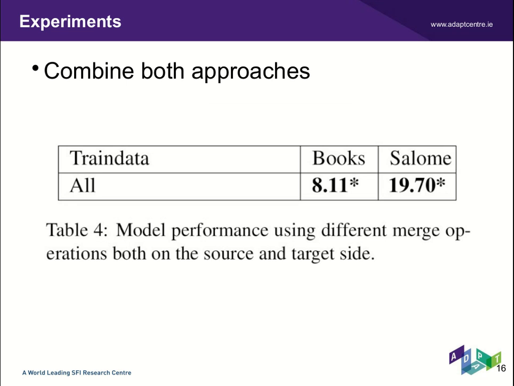And the last set of experiments involves combining all the approaches seen before, so the combination of different BPE on both the source and target side, and we have built a model that we have called All. Here we see that the results are again better than the baseline, and in most cases better than the previous experiments. So using different BPE on both the source and target side leads to better results.